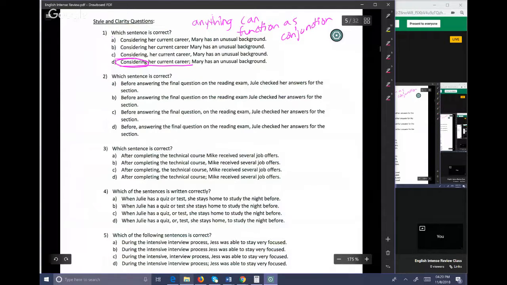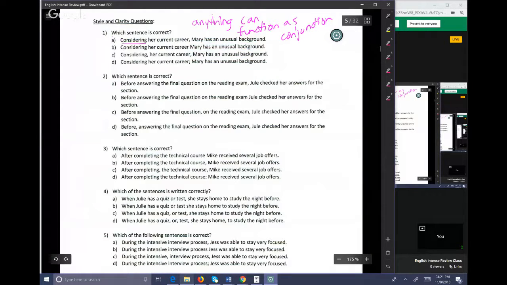Considering is not a conjunction, or at least I wouldn't think of it as a conjunction, but in this case, leading into a sentence like this, I can see that the point is going to be made over here after the comma because of the word considering and how it's being used. So considering her current career, Mary has an unusual background.